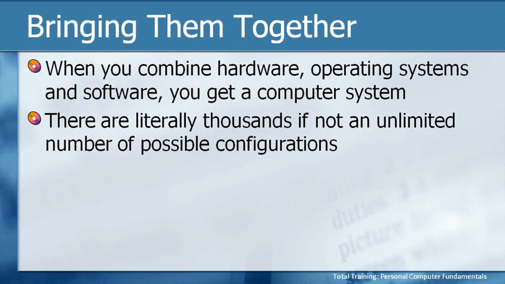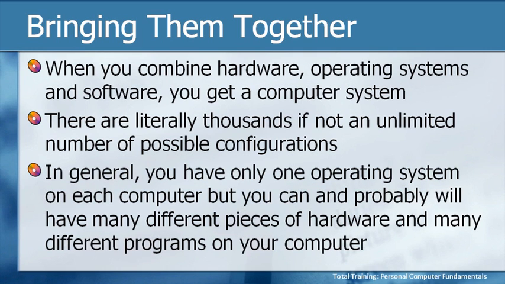Because a system that you actually use at work may be a little bit different from the one that you use at home. But there will be more similarities than there are differences, I promise. In general, you're going to have only one operating system on each computer. But you're going to have, and probably will have, many different pieces of hardware and many different programs on the computer. So, for what we consider to be a single computer, we'll have one operating system, multiple pieces of hardware, multiple pieces of software, all three that combine together to give us the computer system that we sit down and work at.